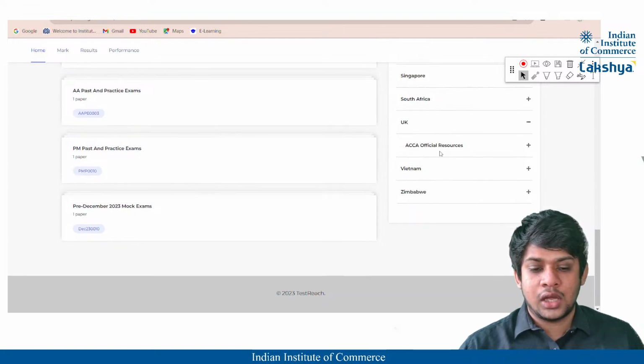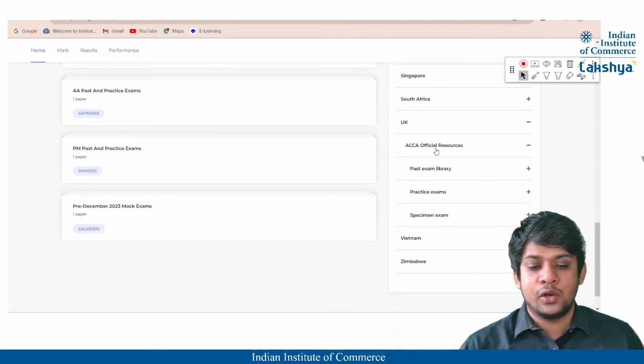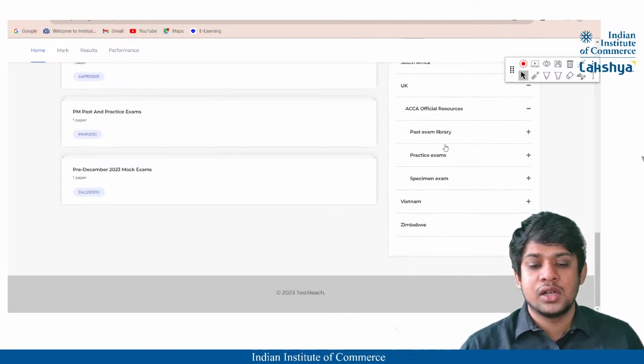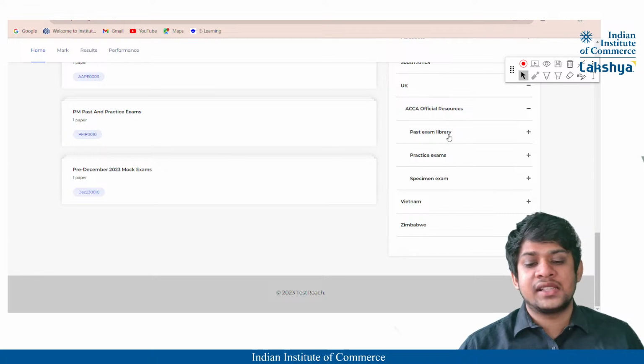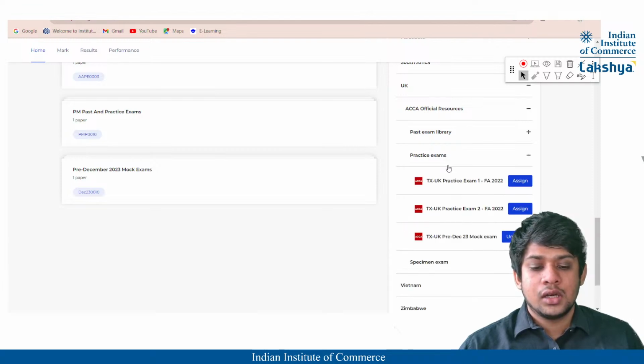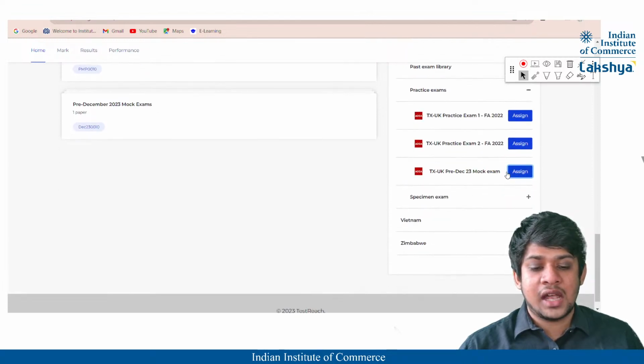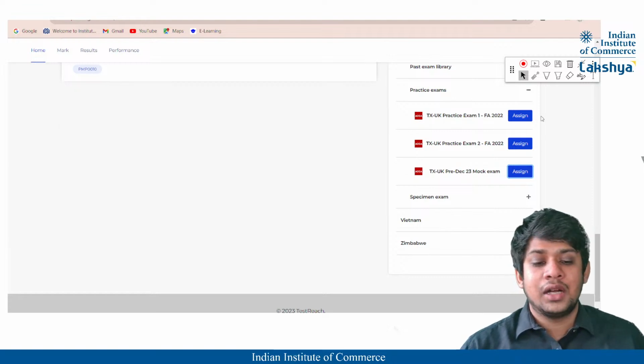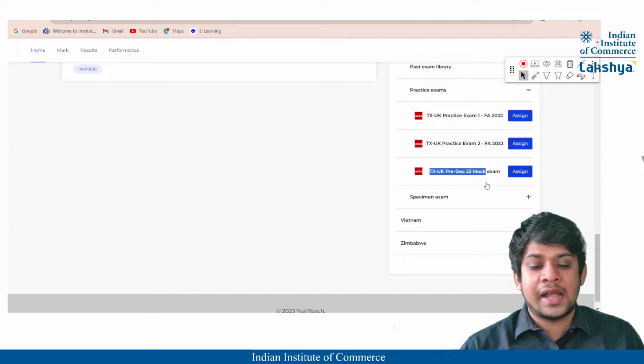So if we click on UK, ACCA official resources open up, and then we are going to click on ACCA official resources, which will bring us to Past Exam Library, Practice Exam, Specimen Exam. So we are going to have practice exams. In the practice exam, you can see I've already assigned that paper here, but it will show you like this. Okay. So we are doing right now Tax UK pre-December 2023 mock.